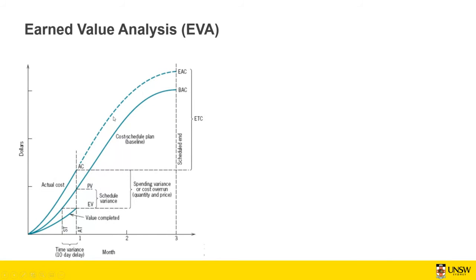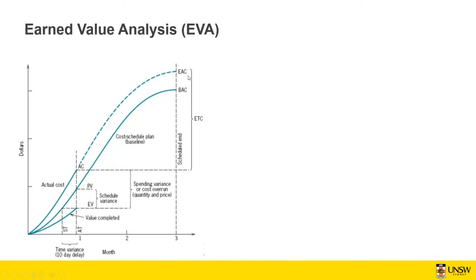What we want to calculate is the estimate at completion, so how much we're going to spend compared to the budget at completion. We're supposed to spend that much by the finishing of the project, but based on your actual cost so far, we forecast that we are going to run over the budget, and this is going to be the estimate at completion.